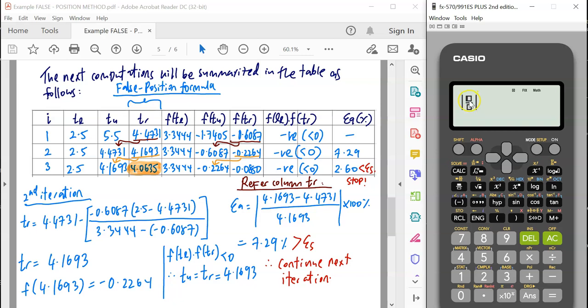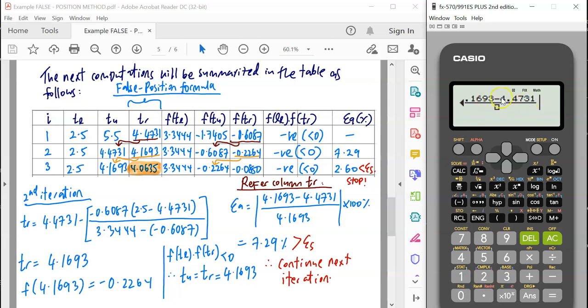Let's insert our numerator part first. So we have 4.1693. This is the calculation for the second iteration. I want to calculate this value: current approximation, current TR, 4.1693, and then we minus the previous TR, so minus 4.4731.